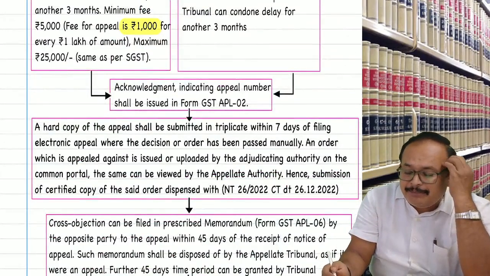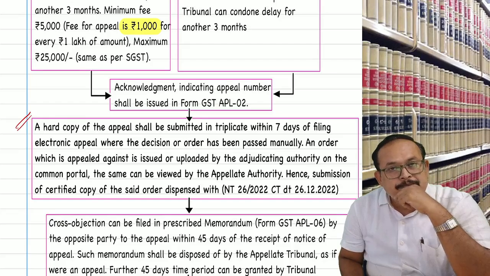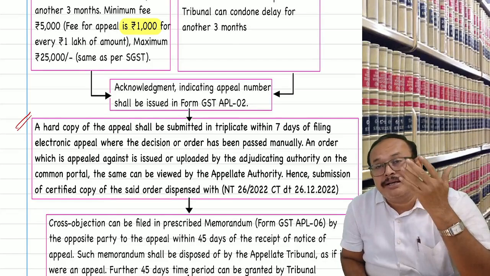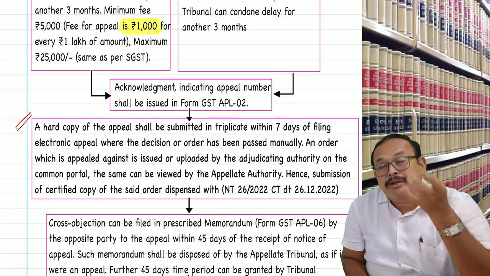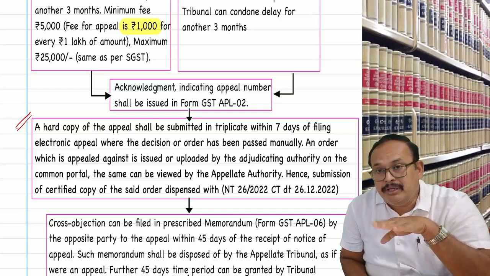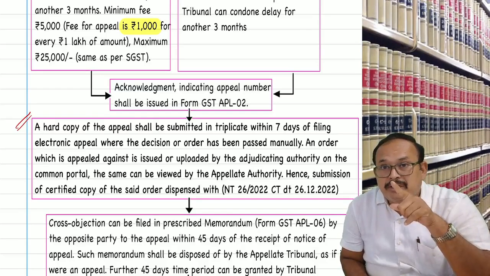Further, if the order was passed by the officer as a reviewing authority manually, or the appeal authority passed the order manually, then the appeal is filed to the appellate tribunal through soft copy, but the original order is not available in the system software to the tribunal.